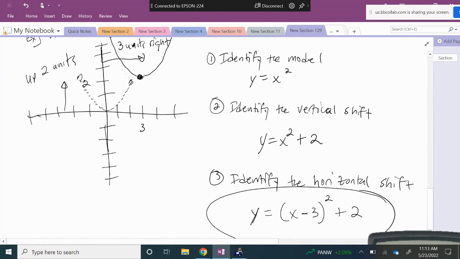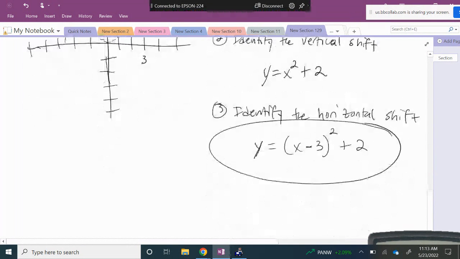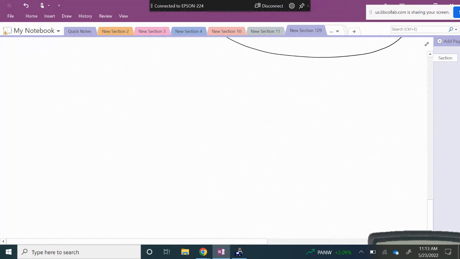I like to find any vertical shifts, okay, because that's just a matter of either adding or subtracting from your function. And then I'd identify the horizontal shift, and then I would identify any reflections across an axis. All right. So is everybody okay with that one? All right, so let's look at a couple more.